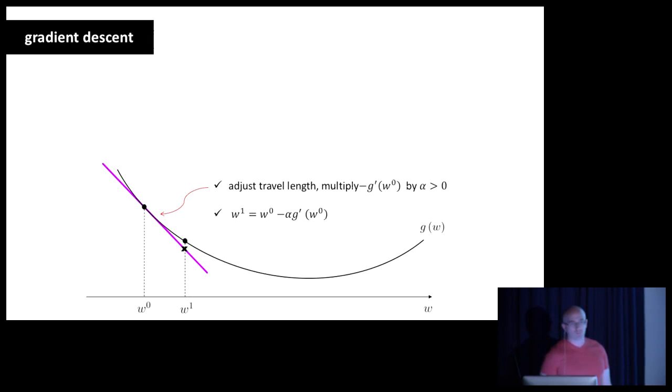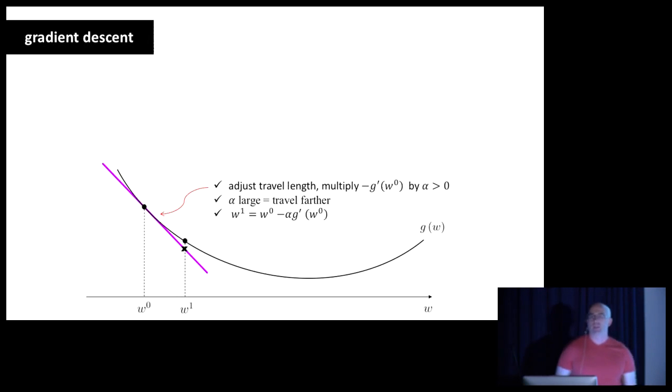Now notice that I can multiply that direction by a constant to control how far down I travel. That's alpha here, some constant that's bigger than 0. If I attach that to the derivative and crank it up, I move further. If I make it smaller, I travel less, I just don't travel that far.